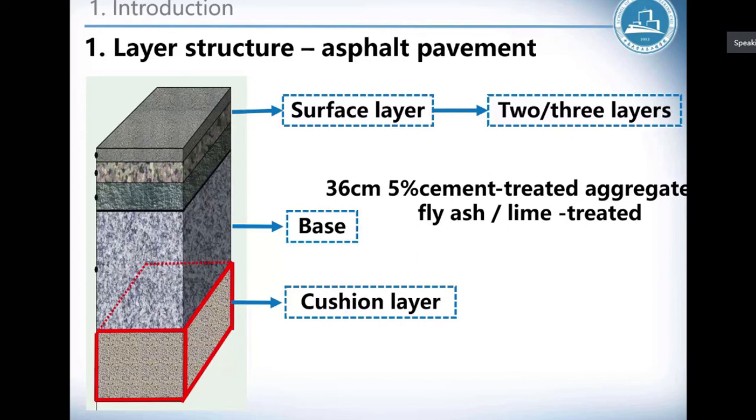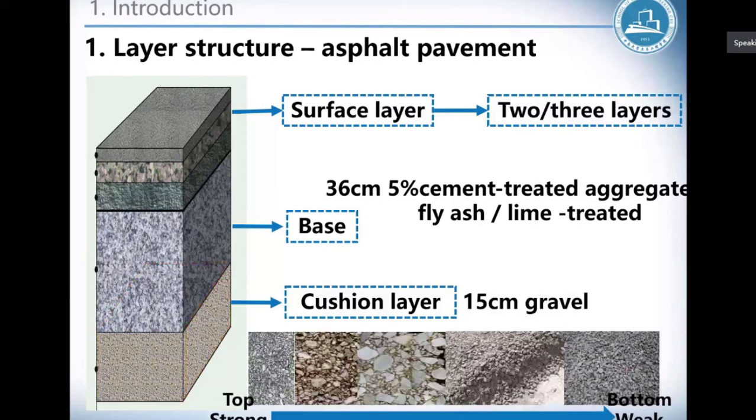Base courses are usually constructed out of crushed aggregate or hot mix asphalt. So from top to bottom, the mechanical strength changes from very strong to a little bit weak.